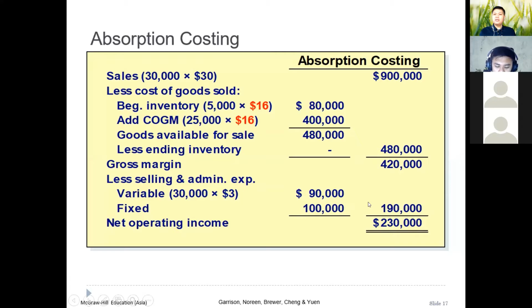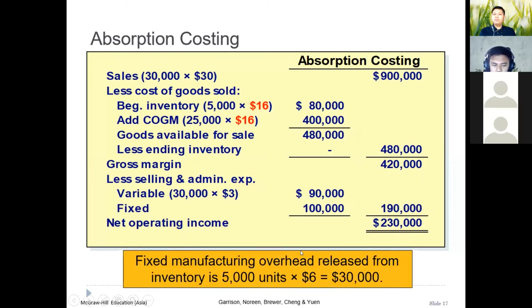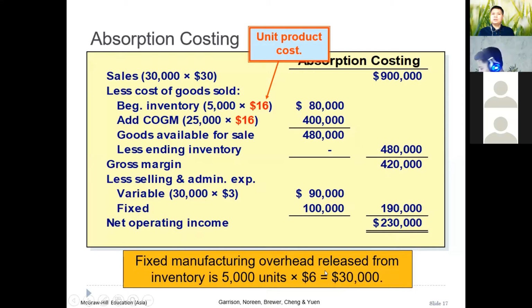So the net operating income is 420 minus 190. You have 230,000. The fixed manufacturing overhead released from inventory is 5,000 units times 6, that is 30,000. Where was it released? In the beginning inventory.